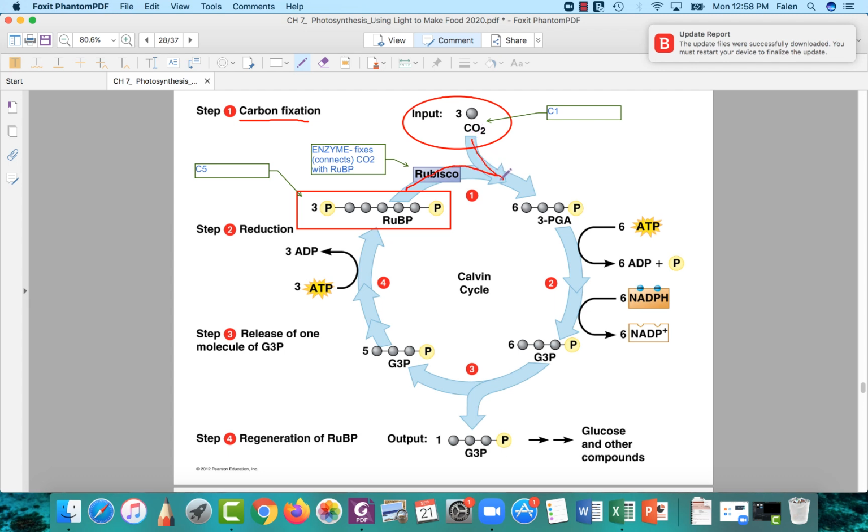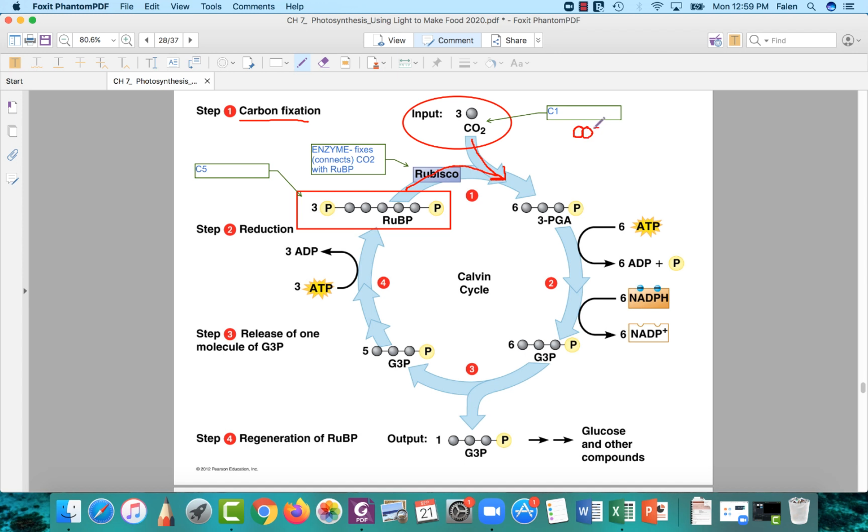Okay, now think about those numbers. We're taking a C5 and adding 1 carbon, changing it into a C6. So they don't have it diagrammed here for you. So basically, I'm going to try to diagram it. Let's see. It's a C6.